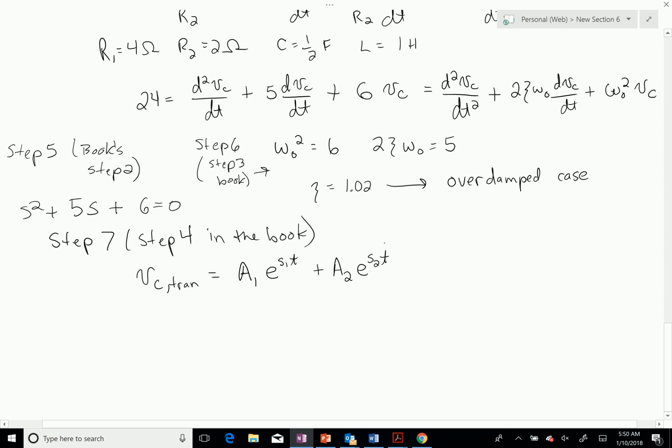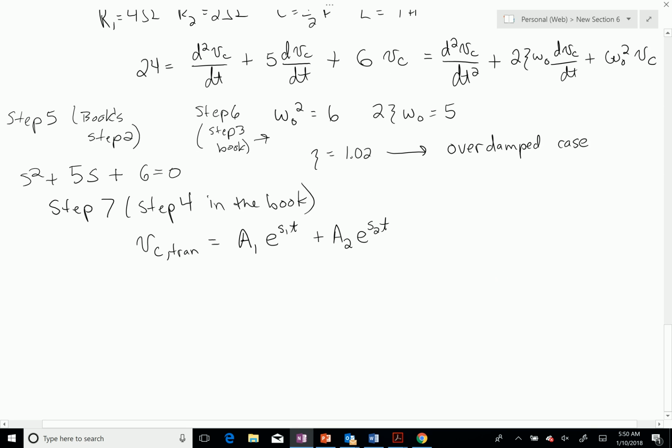If I solve the characteristic equation to figure out my S1 and S2, in this particular case, I would find that my S1 is minus 2, and my S2 is minus 3. Okay? So not too hard to go through that.